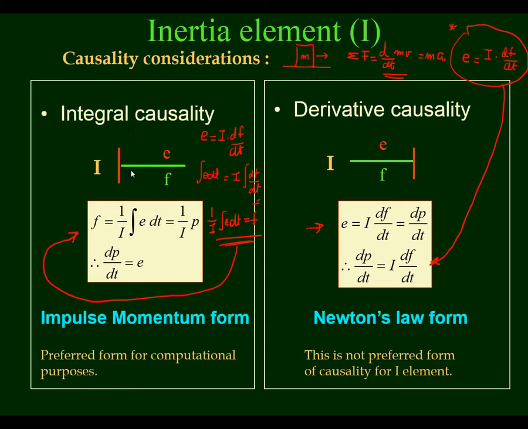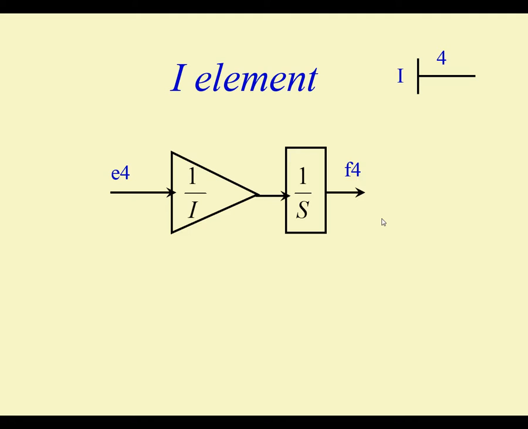So the way you orient this symbol is directly related to the form of writing the equations. This was in integral form, this other one in derivative form. So you have to see which one you're dealing with. There's two possibilities. And of course, if you put it in the terms of the block diagram, the symbol would be as is shown here.